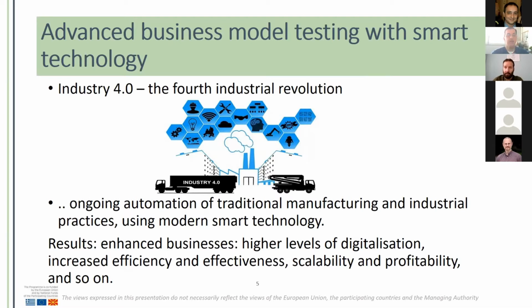Industry 4.0 is the buzzword nowadays, or a couple of years ago. Everything is about smart technology, the fourth industrial revolution, and so on. What it brings is the ongoing automation of traditional manufacturing and industrial processes using modern smart technologies. What are the results? Enhanced businesses, higher levels of digitalization, increased efficiency and effectiveness, scalability, profitability, and so on.